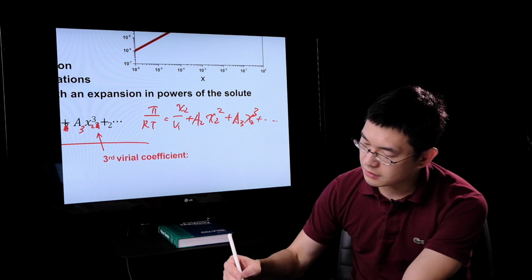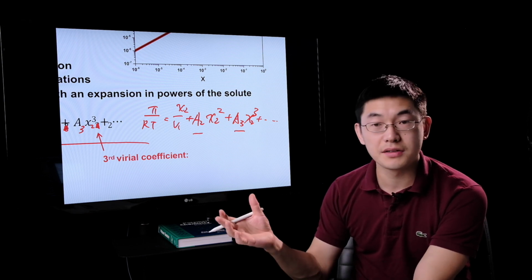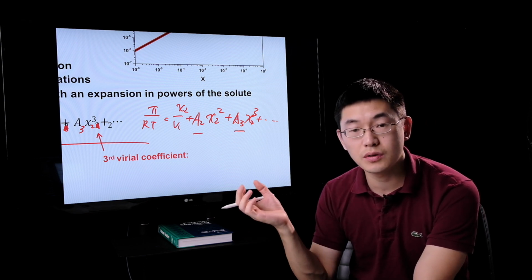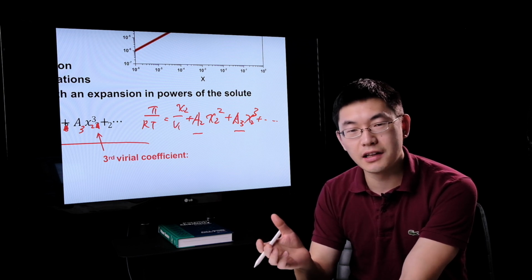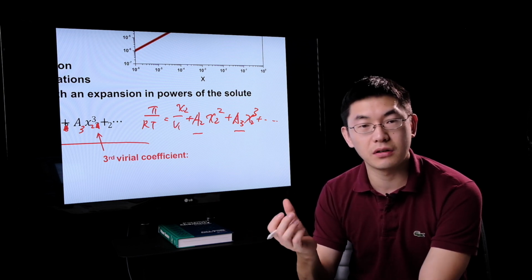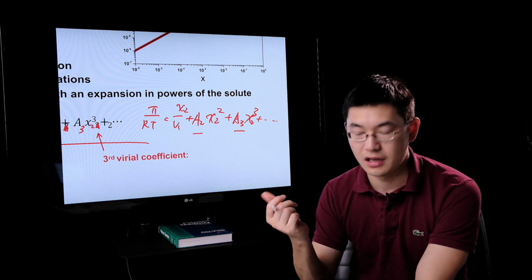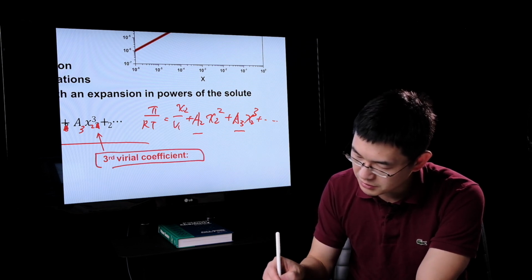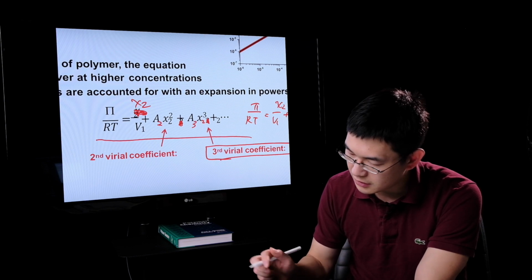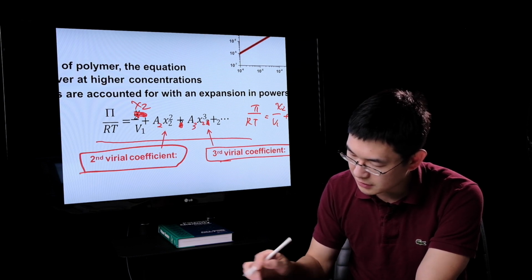So A2, A3, what are these? A2, A3 are just two constants. We define them in the field of polymer physics. We call them the second and third virial coefficients. So as we show here, this would be the third, and A2 would be the second.